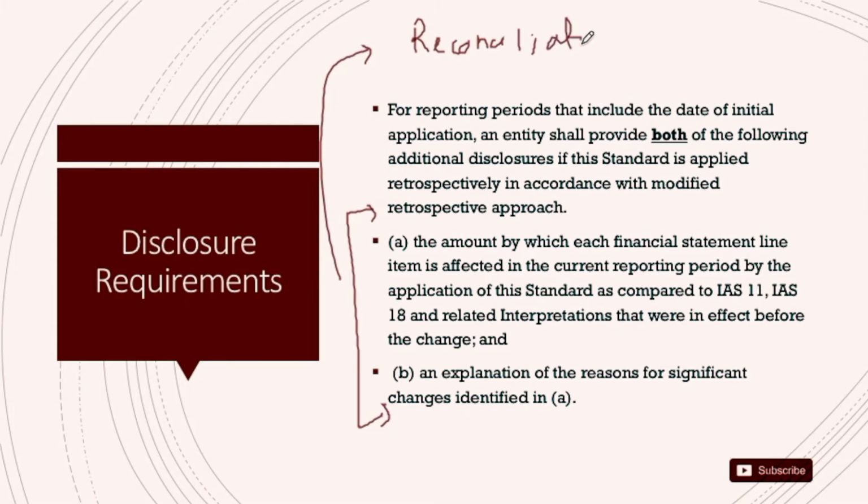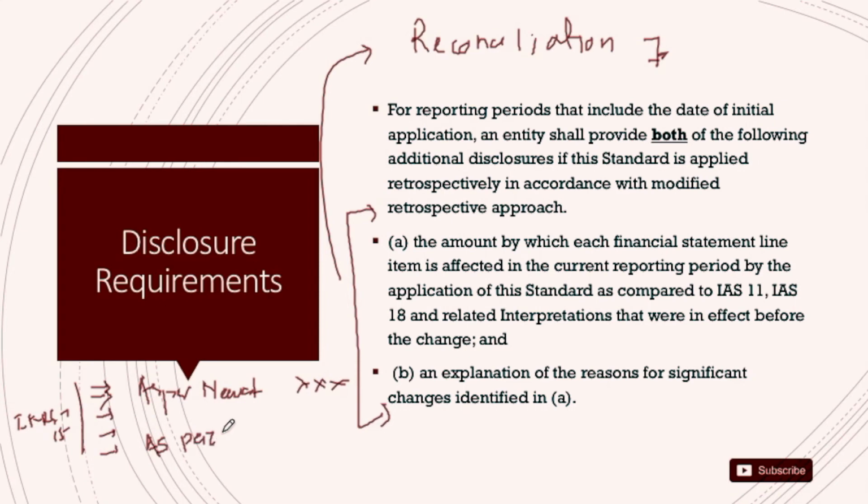To simplify the explanation, these are reconciliations where you need to provide the line items that are going to get affected by the application of IFRS 15, the amount as per the new standard, and the amount that would have been if we had applied the old standard.